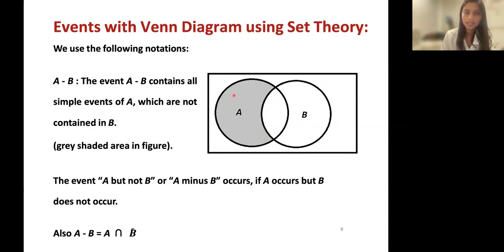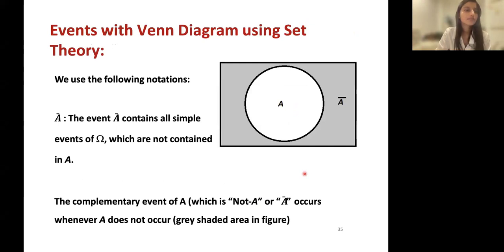And A is this whole A shaded. So what is common between B complement and A? This part is the common part. So A minus B is also represented as A intersection B complement. And similarly, B minus A is B intersection A complement.